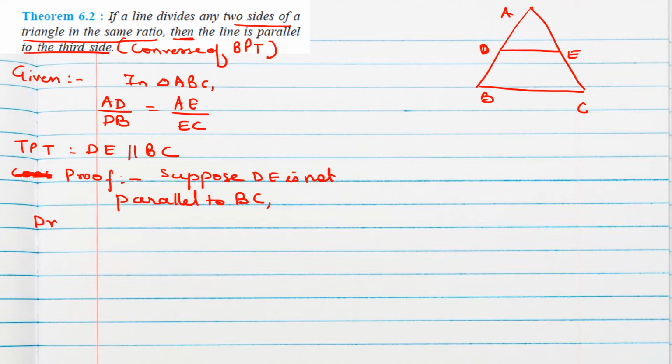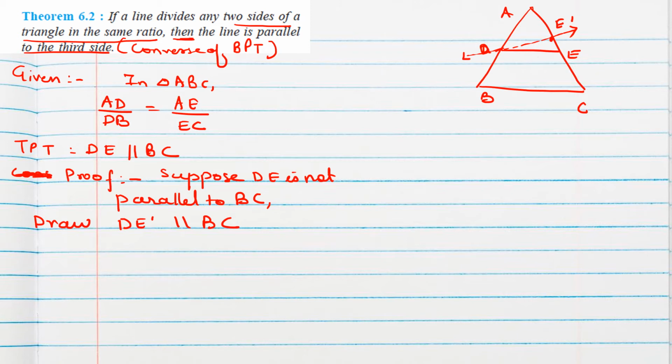So we will draw DE dash, suppose parallel to BC. This point is E dash, this line we have drawn which is parallel to BC. Okay, this is our assumption.